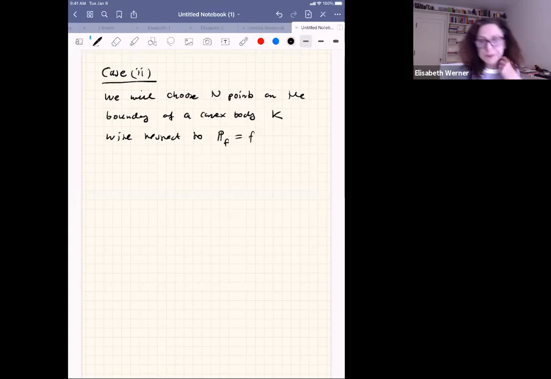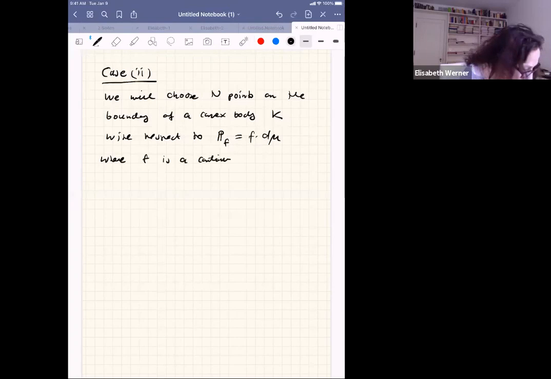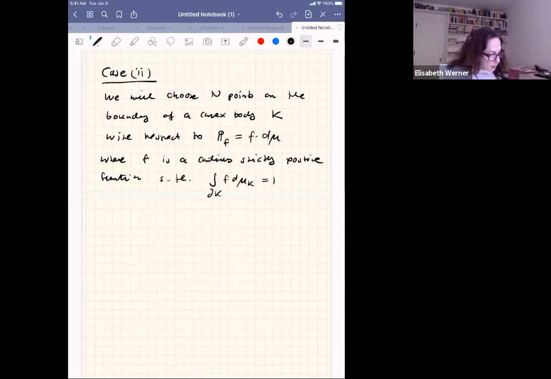It's the surface area measure where F is a continuous, strictly positive function defined on the boundary of K. And we want a probability measure, so we should have that the integral of F dμ is equal to 1.